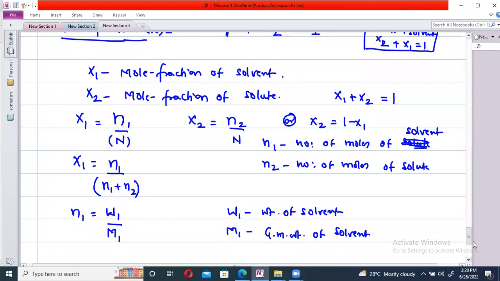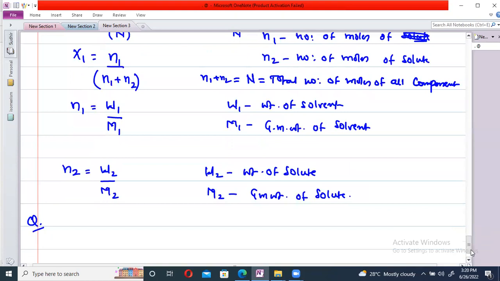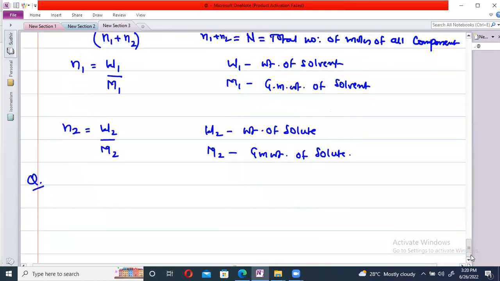X1 equals N1 by N, where capital N is the total number of moles of all components, equal to N1 plus N2. N1 is the number of moles of the solvent and N2 is the number of moles of the solute, based on the weight and gram molecular weight of solute and solvent.